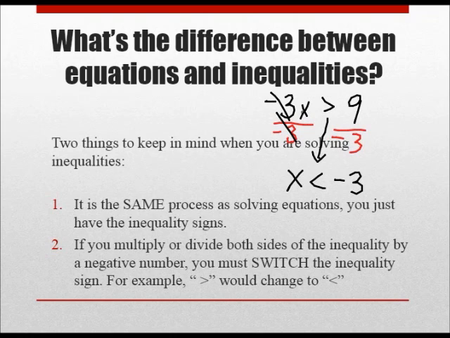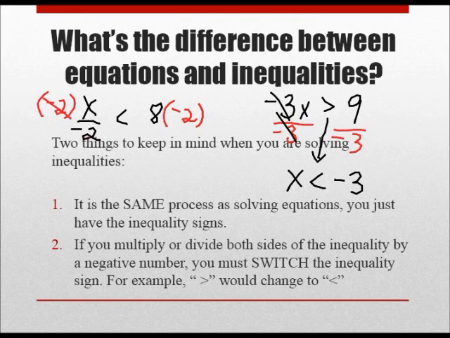So if you multiply or divide both sides by a negative, this has nothing to do with addition and subtraction. This is only multiplication and division. Another example would be x over -2 is less than 8. My inverse operation would be to multiply both sides by -2.